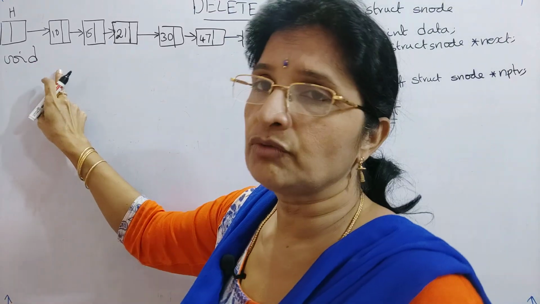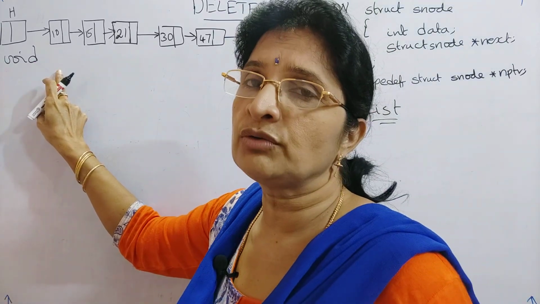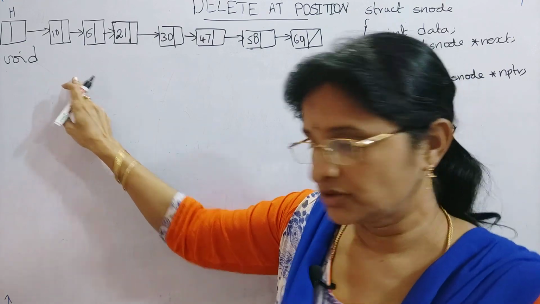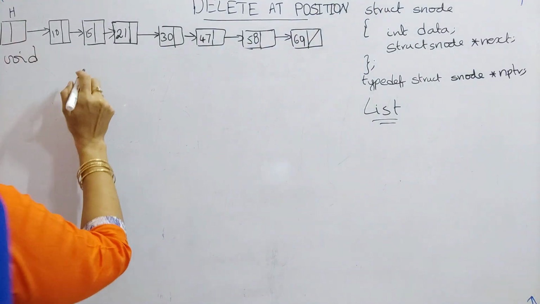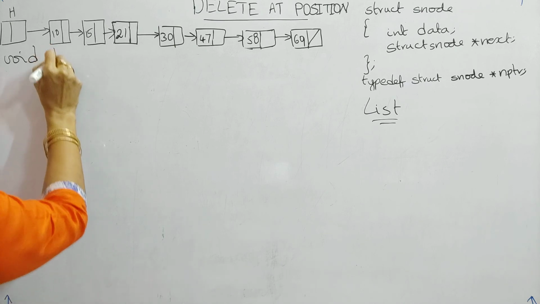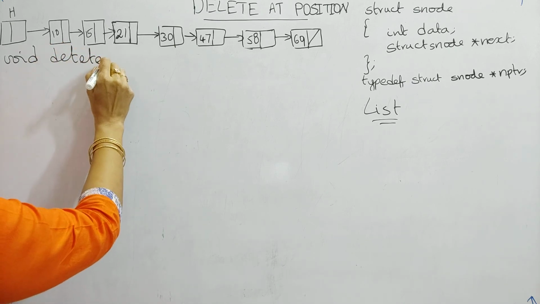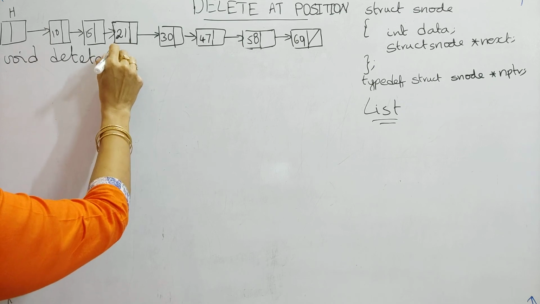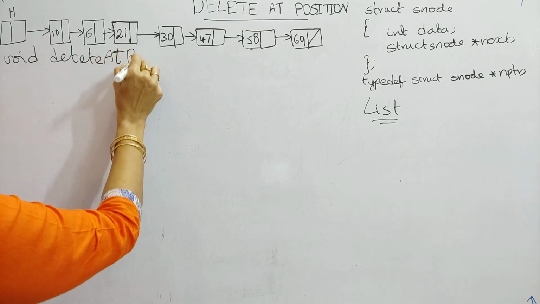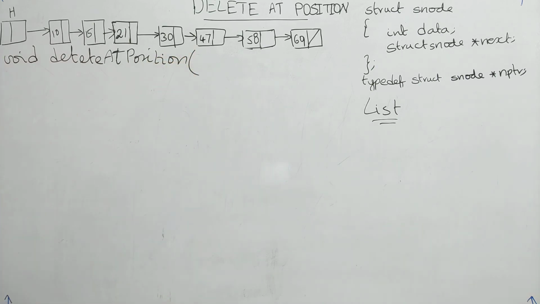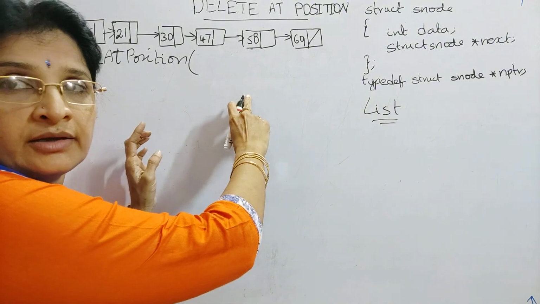After writing void as the return type, you have to give the function name. Here my function name is delete at position.